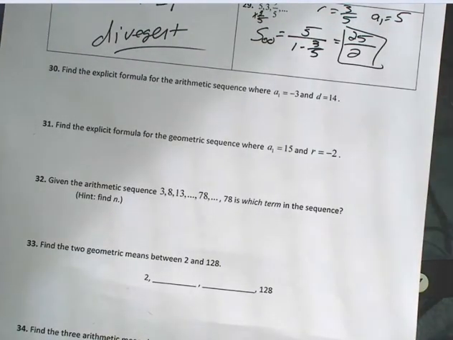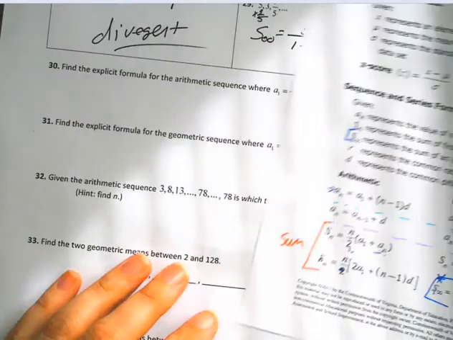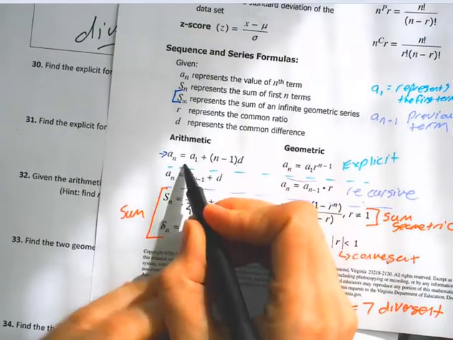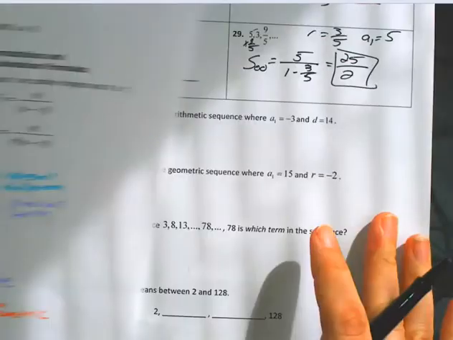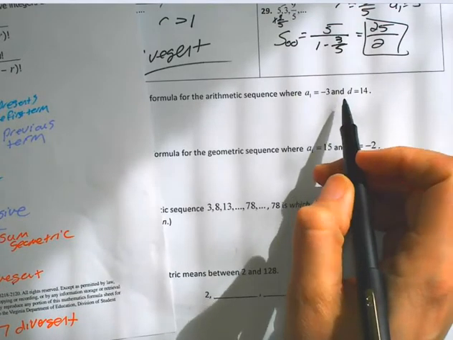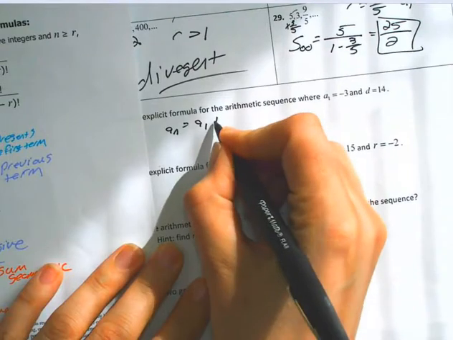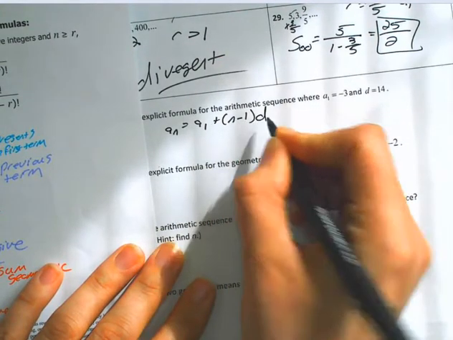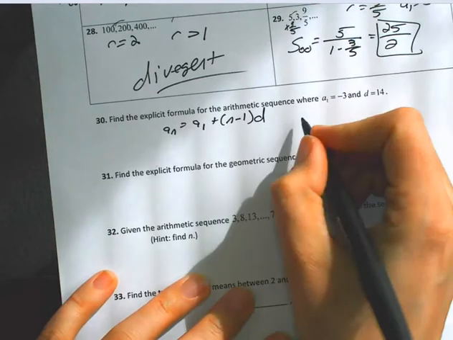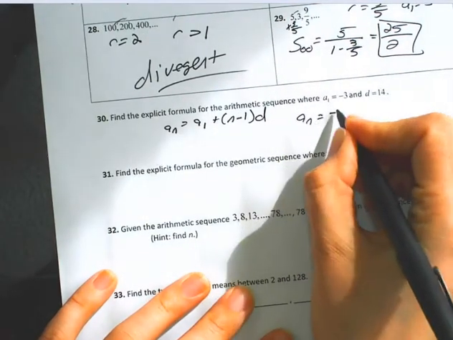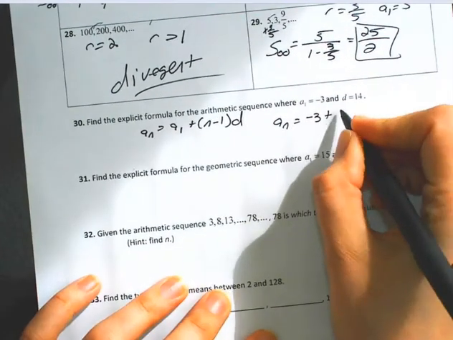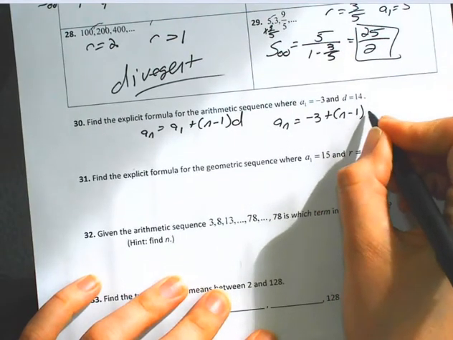Find the explicit formula for the arithmetic sequence where a1 equals -3 and d equals 14. It's actually not asking you to solve anything. All it's asking you to do is find the formula. For arithmetic, we said the first one was explicit. They give you a1 and d, so I'm going to use the formula a sub n equals a1 plus n minus 1 times d, and all you're going to do is substitute. a sub n equals -3 plus n minus 1 times 14.